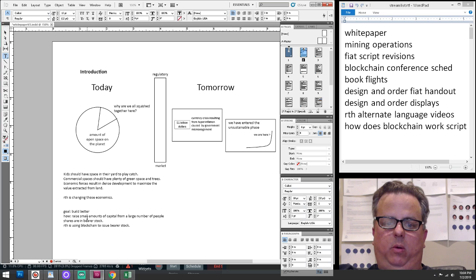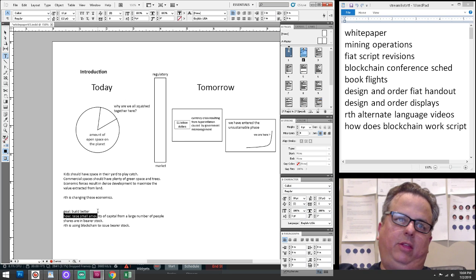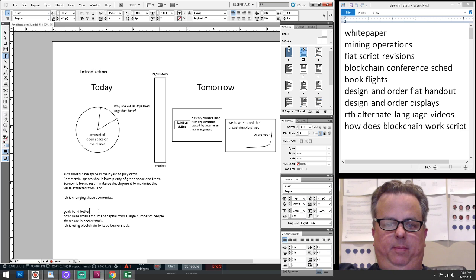I'm trying to figure out if I should be saying it this way or this way. I don't think we're going to say it either way, honestly. But building good, goal, build better, token. I don't think we need to say token equals ownership share, because it's inherent in blockchain.